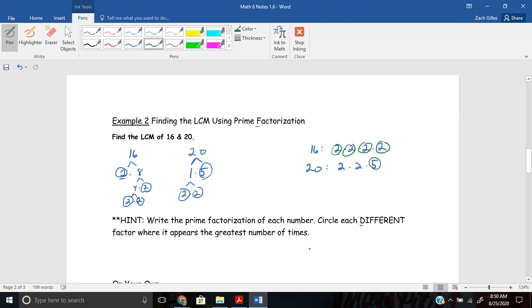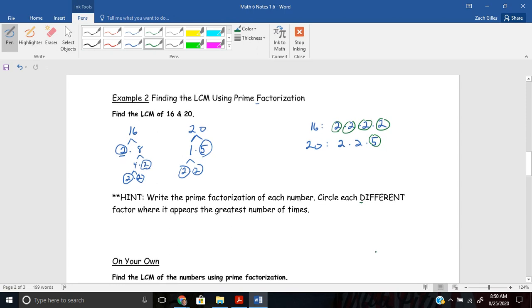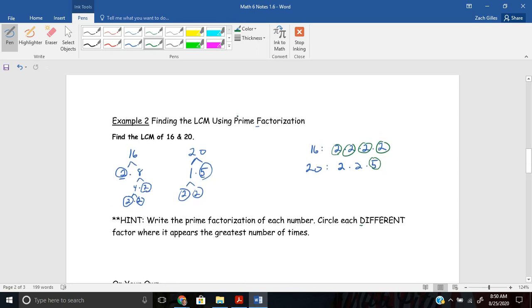All right, now that I have that done, I find the product of those circled factors. Okay, so in other words, then multiply. So I'm finding the product of these circled factors. So I'm multiplying my circled ones. So 2 times 2 times 2 times 2 we know is 16, right?